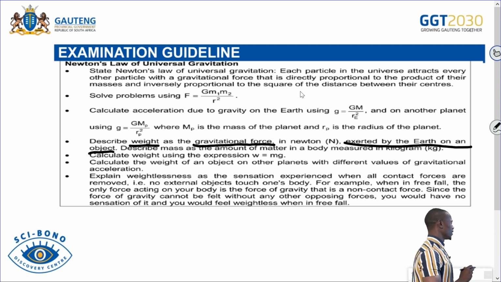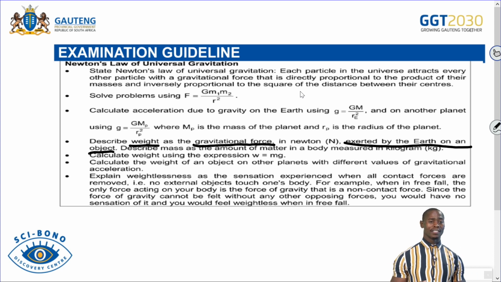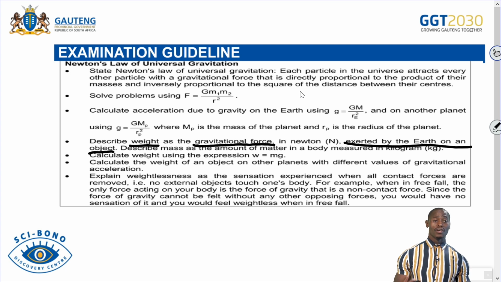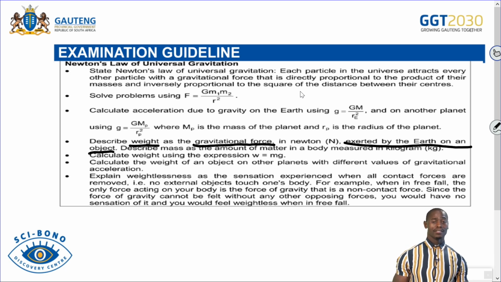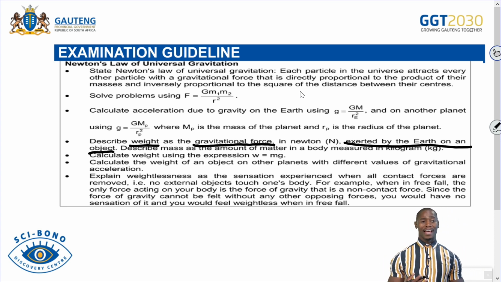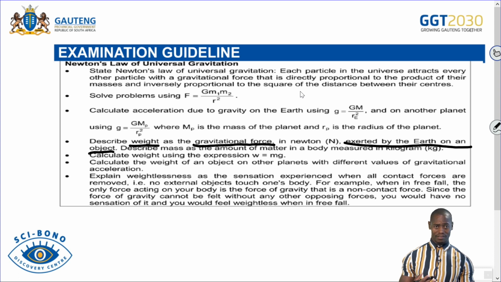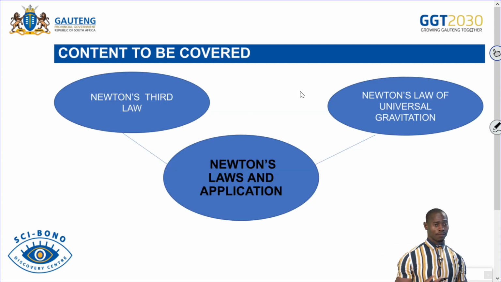So weight is gravitational force. Gravitational force is weight. So if they say define weight, you have to say it is the gravitational force exerted by the earth on an object. Okay?